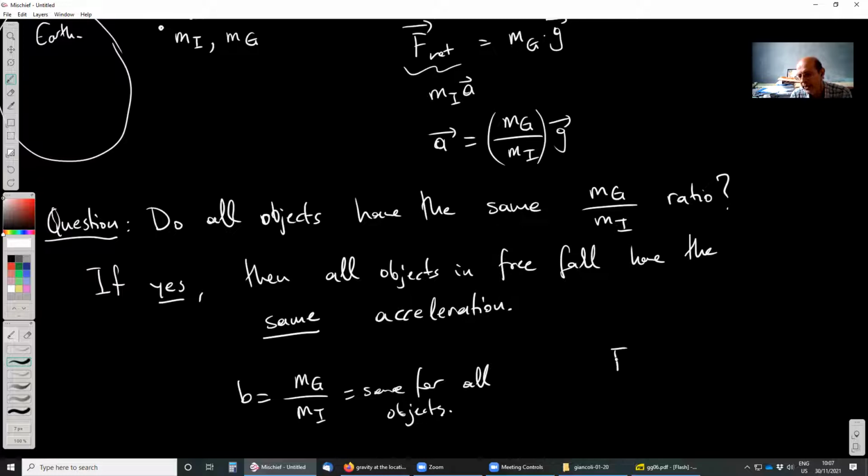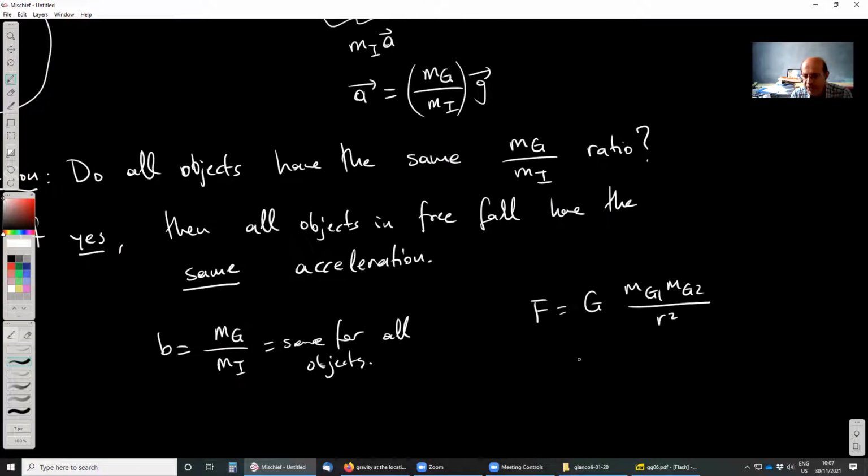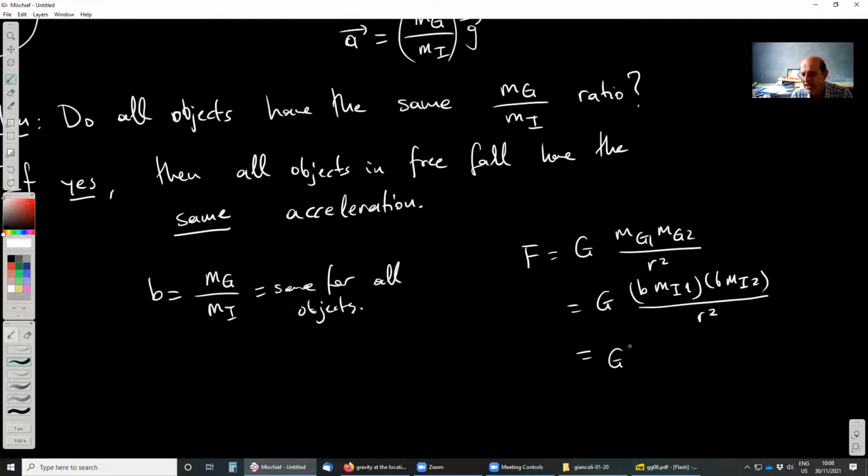In that case, in Newton's law of gravity, I can write mg2 divided by r squared. All mg's can be written as B times the inertial mass of each object. So this expression becomes G times B squared, times the inertial masses, divided by r squared.